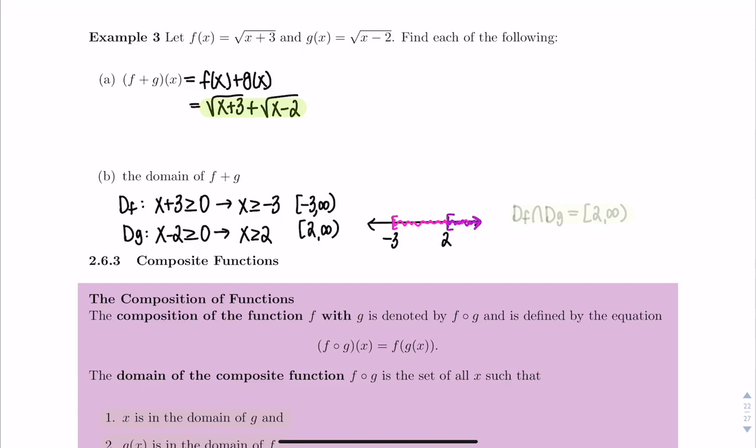So looking at my line, where are both of my colors at? Both of my colors are from 2 up till infinity. So the domain of my intersection of f and g is just 2 to infinity.